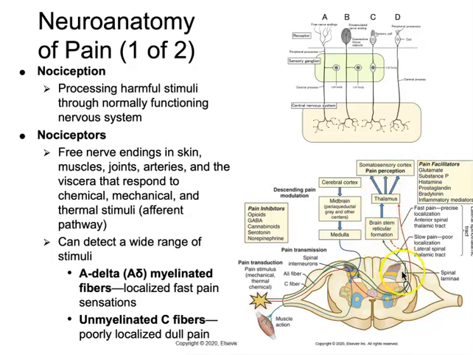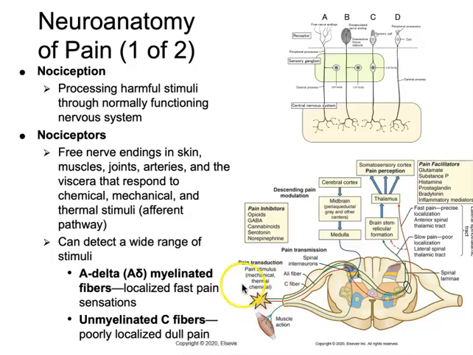So this is kind of a path right here with the second order neuron. And then we would have our third order neurons that are going to go from the thalamus over to our higher cortical areas. It could be an area in our limbic system, our frontal cortex, or sensory cortex that we would find within our parietal lobe.